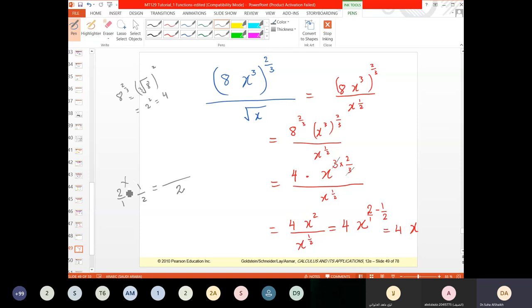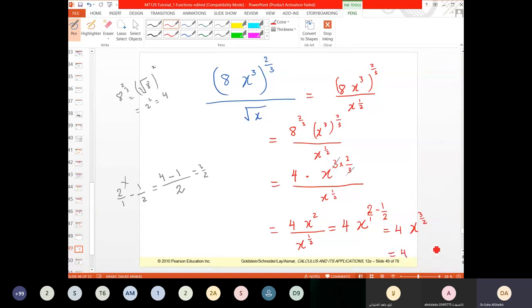We do cross multiplication: 2 times 2 is 4, minus 1 times 1 is 1. This equals 3 over 2. Yeah, excellent. So this is 3 over 2, and this is the answer here.